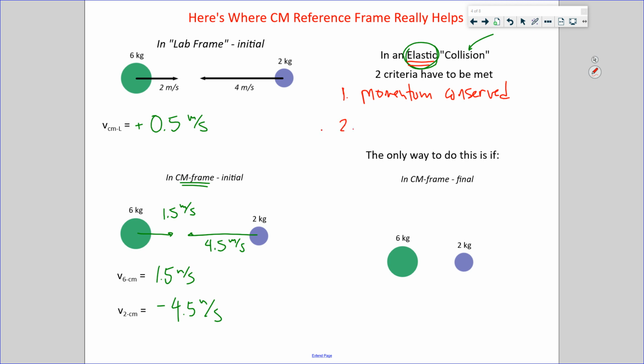But the big one is that kinetic energy is conserved, and that's only if you see the word elastic. It means that no mechanical energy of the objects that are interacting can be converted into anything else. And what that means is they can't actually ever touch each other, because if they touch, there's going to be some increase in internal energy of little bits and pieces of the objects that are colliding.